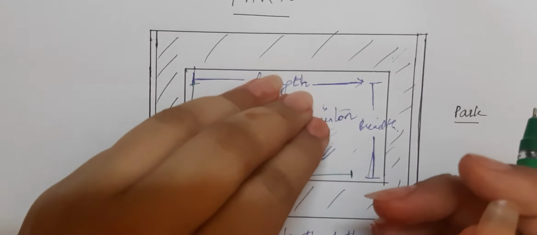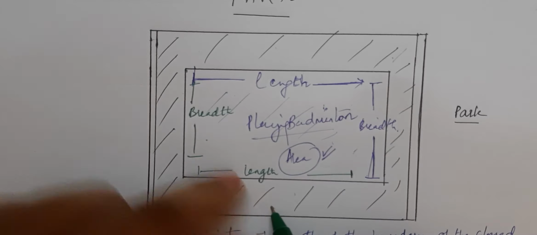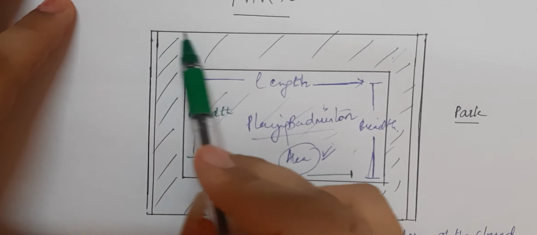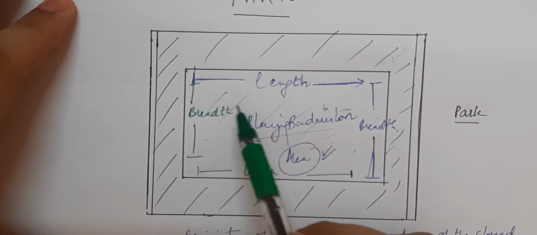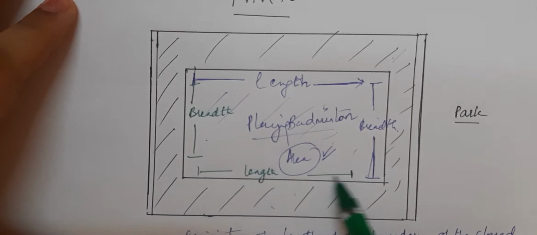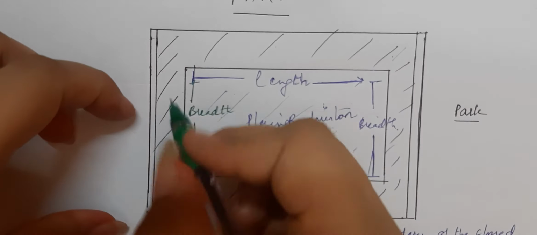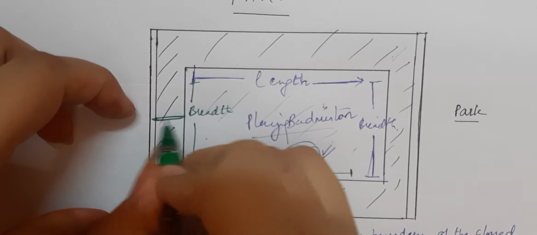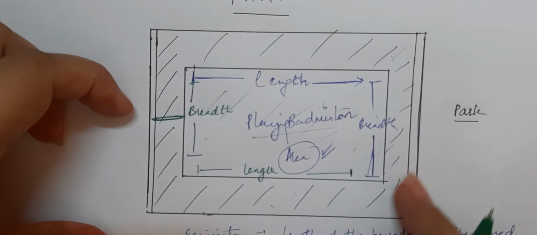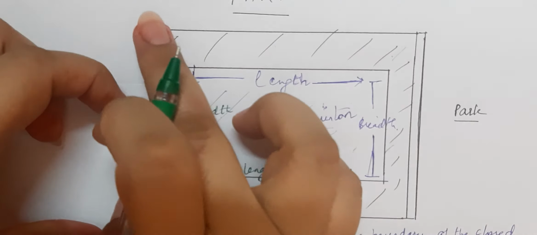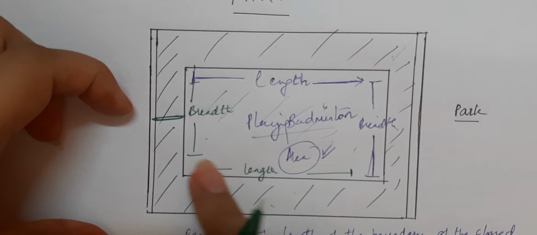I don't want this part, I just want the outer side. So what will I do? I will find the area of the larger rectangle and also the area of the smaller rectangle and subtract both to find this portion's area. So to find this portion's area, I will subtract the smaller rectangle from the larger rectangle.